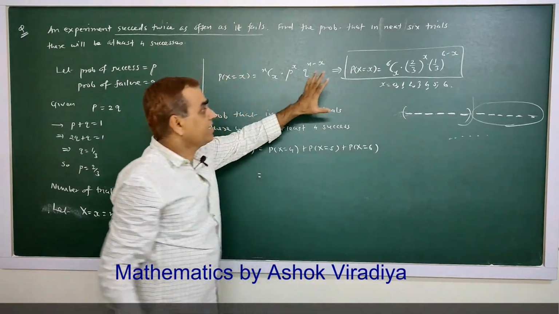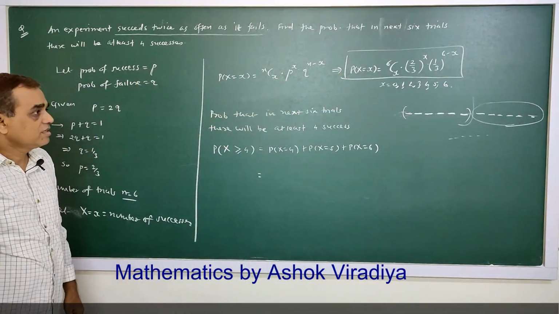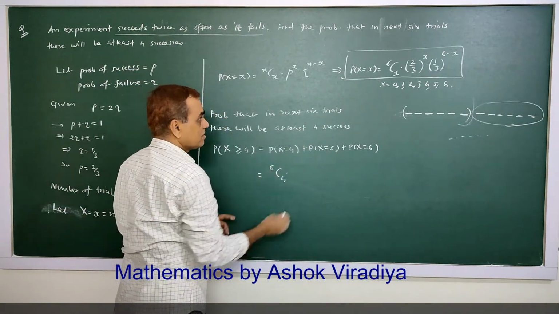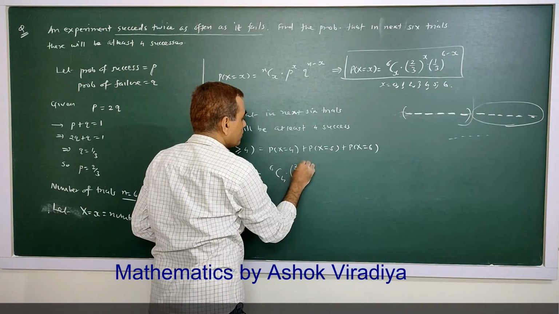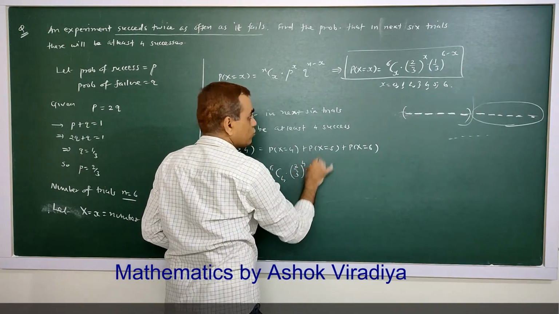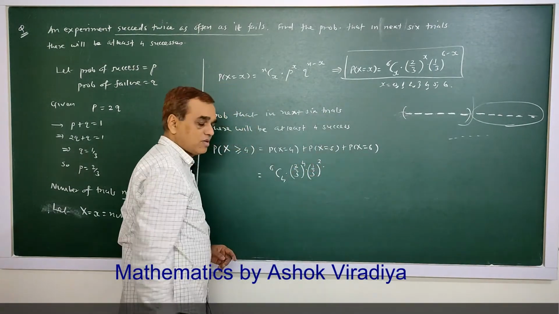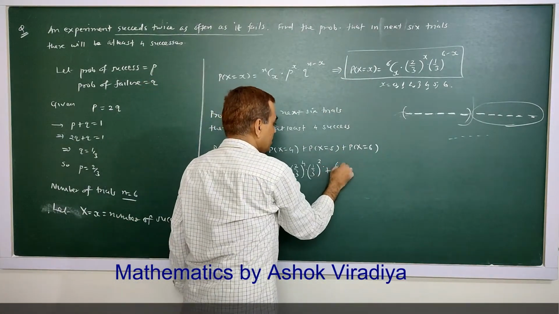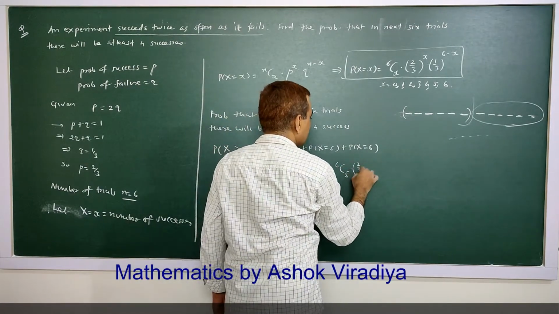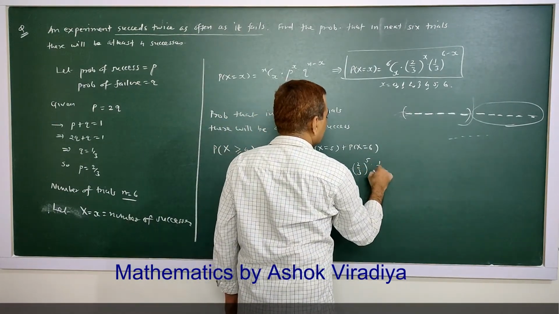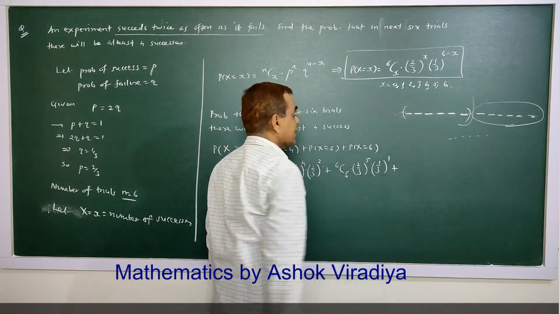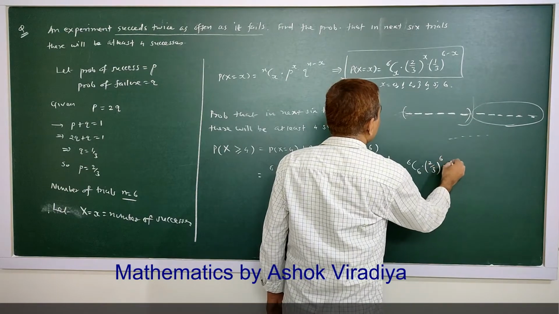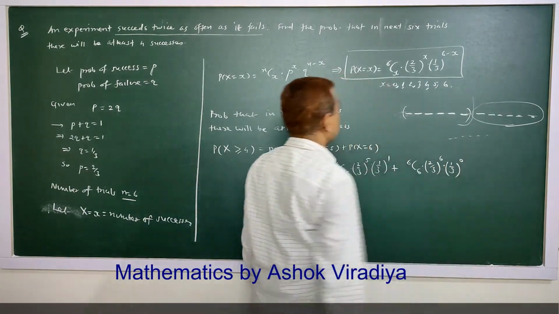So arranging properly, this is equal to, putting 4, 6C4, 2 by 3 raised to 4, 1 by 3 raised to 6 minus 4, that is 2, plus for 5 successes, putting 5, 6C5, 2 by 3 raised to 5, 1 by 3 raised to 1, and putting 6, 6C6, 2 by 3 raised to 6, 1 by 3 raised to 0.